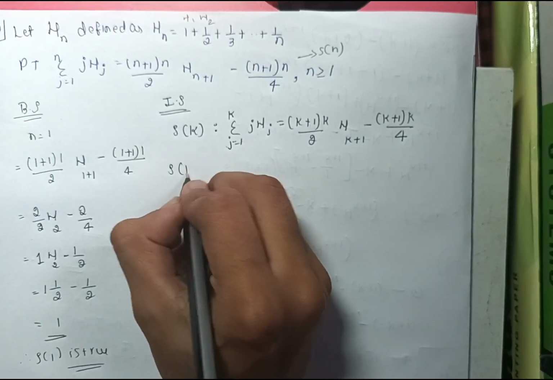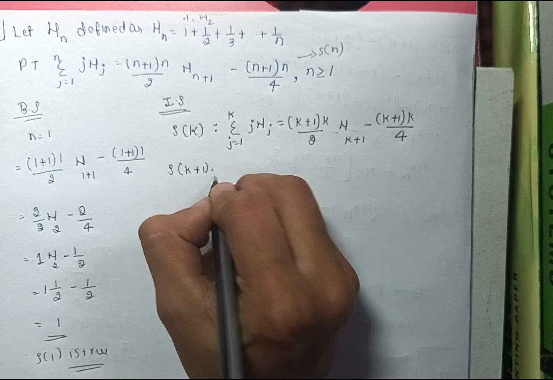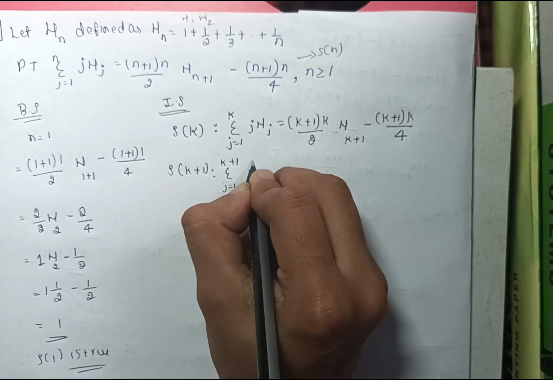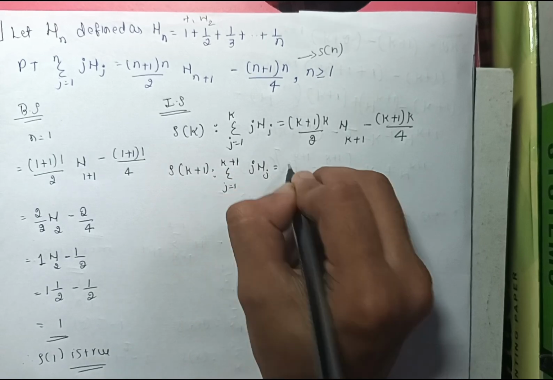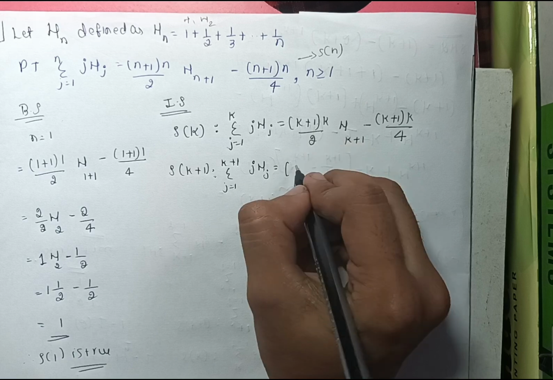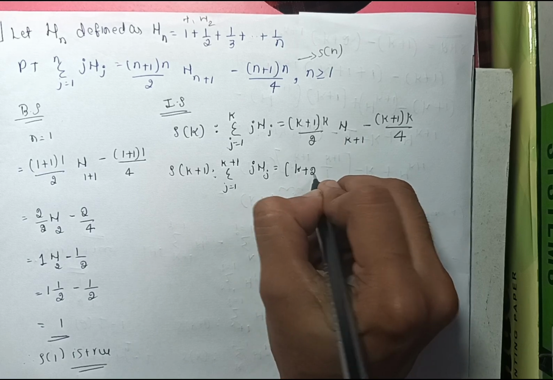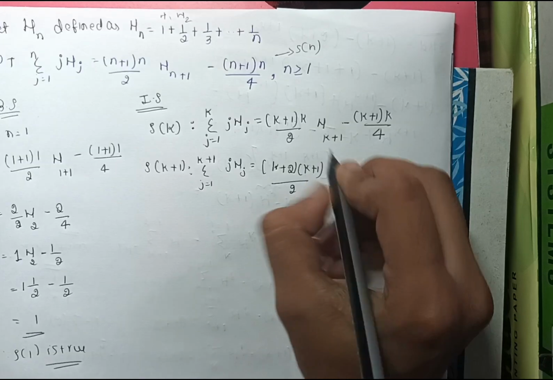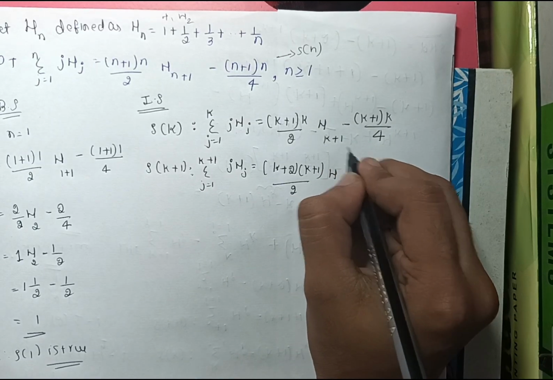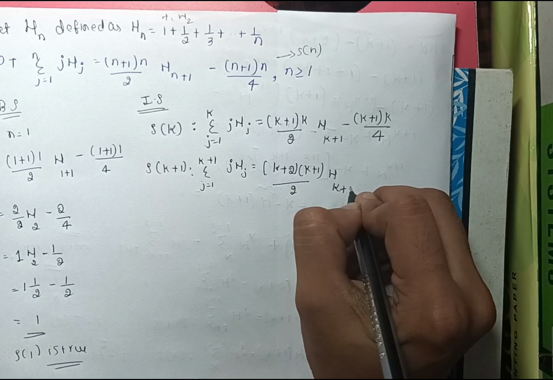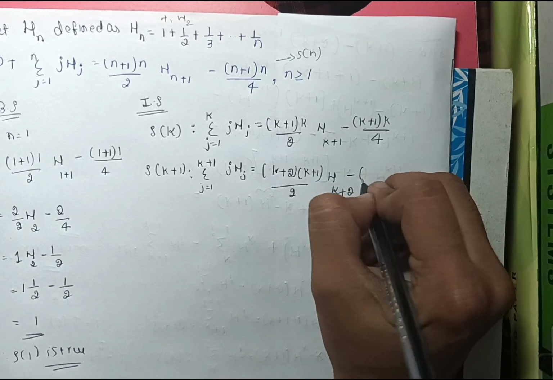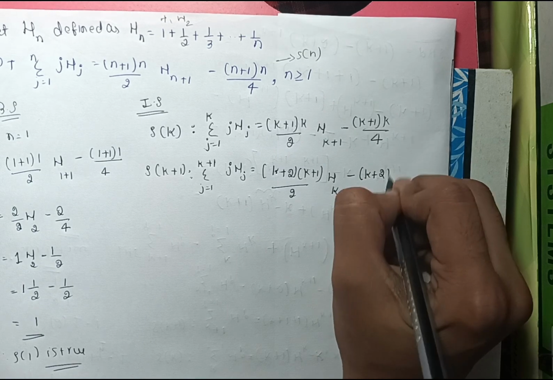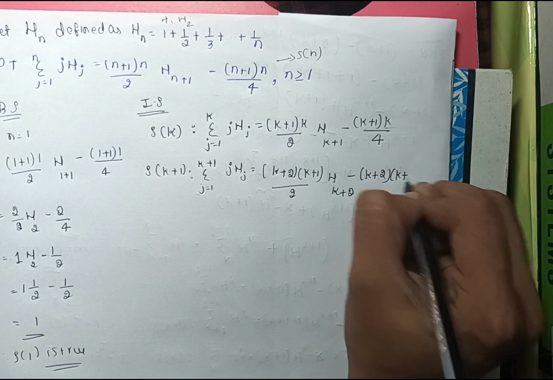Okay, now we have to prove what? S of k plus 1: summation j equal to 1 to k plus 1 of j h j equals, replacing k by k plus 1, k plus 1 by 2 h of k plus 2 minus k plus 1 into k plus 2 by 4.